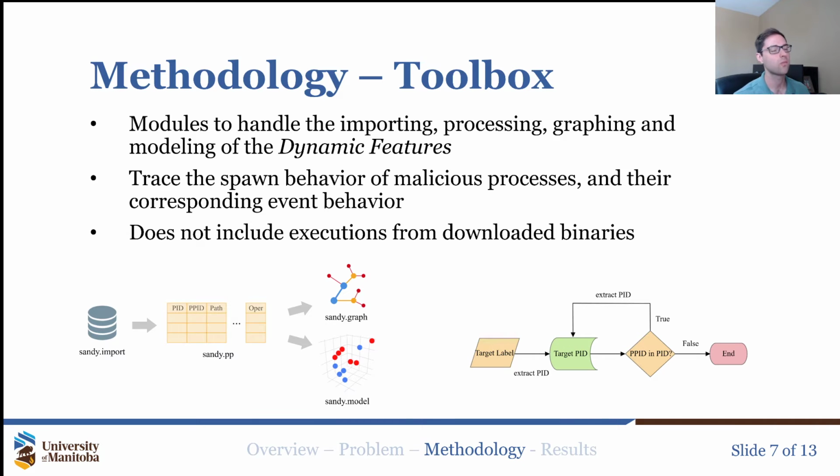This is why it can't track things downloaded by a downloader, for example, because it needs a target label and then looks at what's spawned from there. Ideally, though, we would stop a downloader in its tracks before it is able to do what it does.